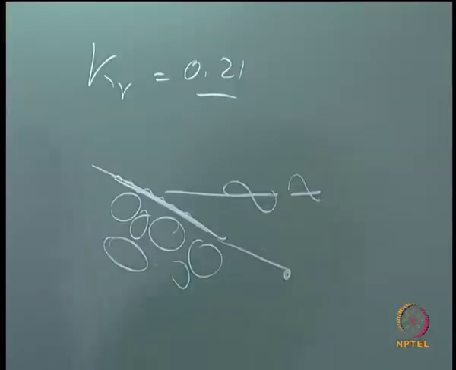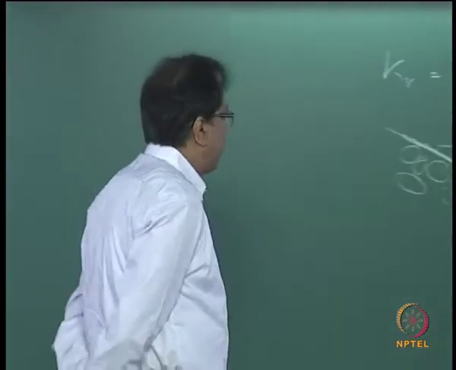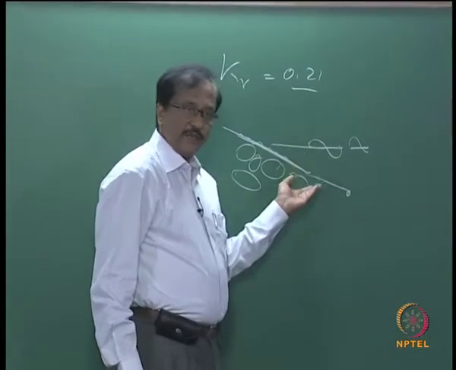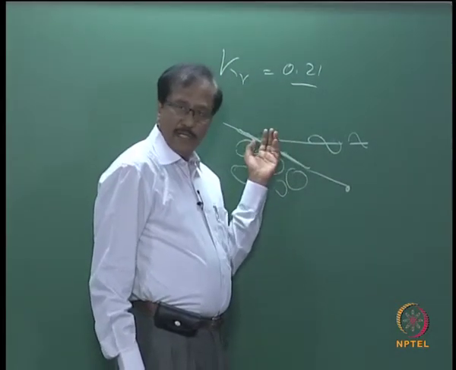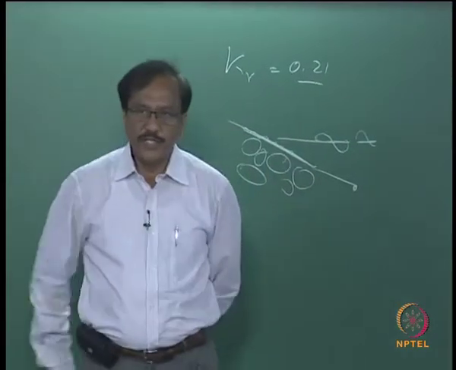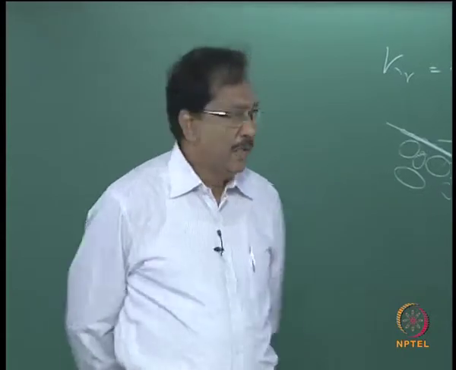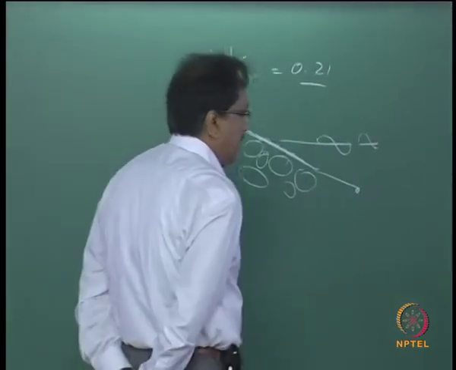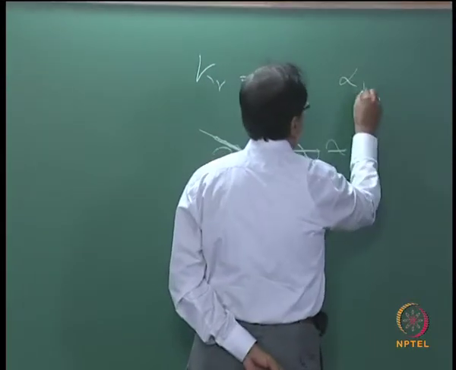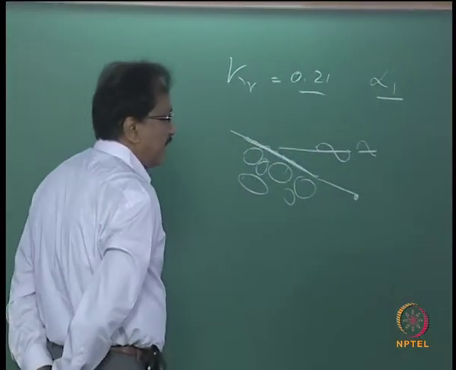When there is a breaking of waves near the toe of the structure, a certain amount of energy is already dissipated. So naturally, once the energy is dissipated, you have only lesser energy to act on this, and your reflection coefficient has to be small. So that is one kind of correction factor which is termed as alpha 1. And what is the other correction factor?